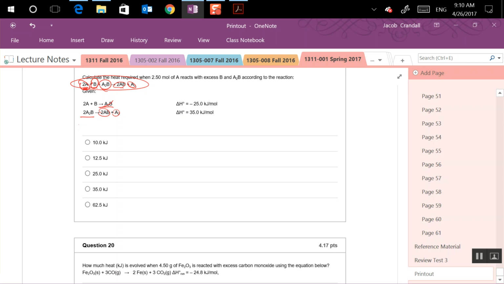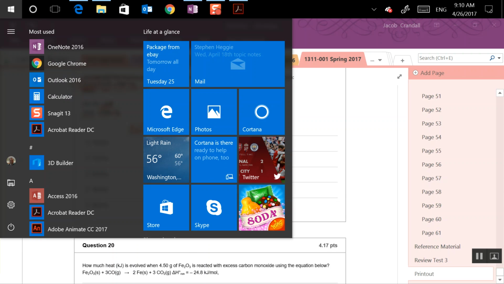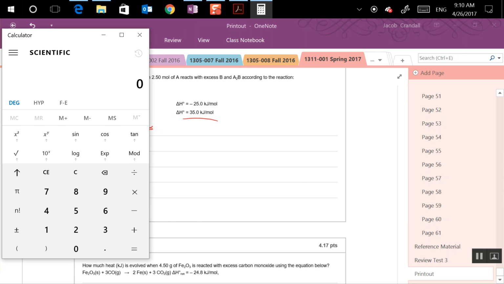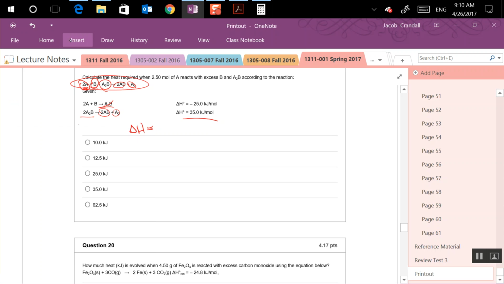Okay, so to find the delta H of this reaction, I just simply have to add those together. So negative 25 plus 35. I always have to be careful of the signs, right? Negative 25 plus 35, and I get 10. So the delta H of this reaction is 10 kilojoules per mole.